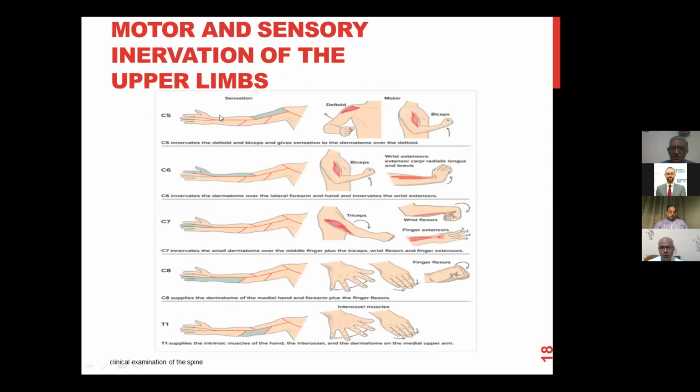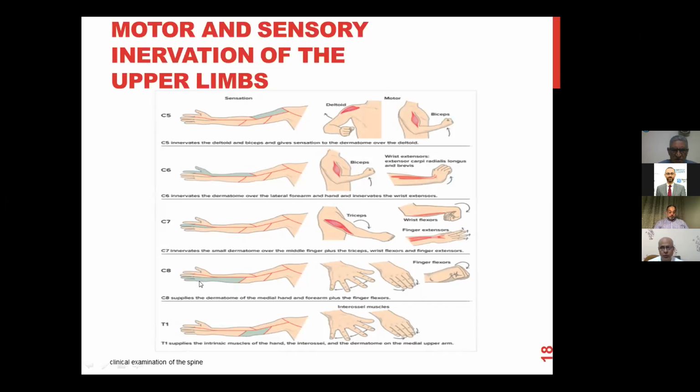This we can see here: C5, dermatome outer part of the arm, deltoid muscle and biceps flexion. C6, lateral part of the forearm, index and thumb, biceps, and extensor of the wrist. C7, middle finger and triceps, flexor of the wrist, and extensor of fingers.